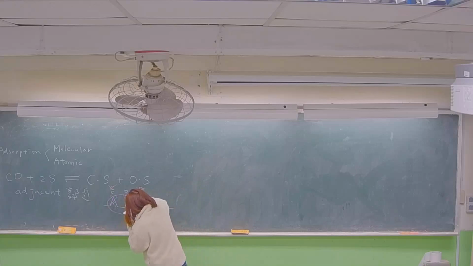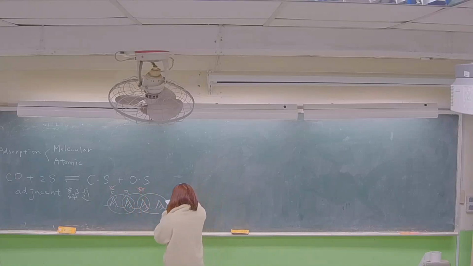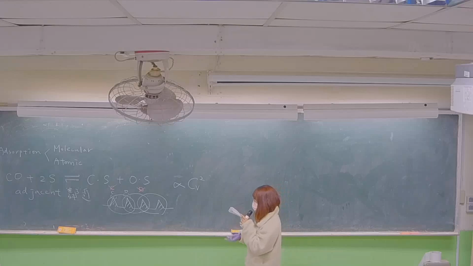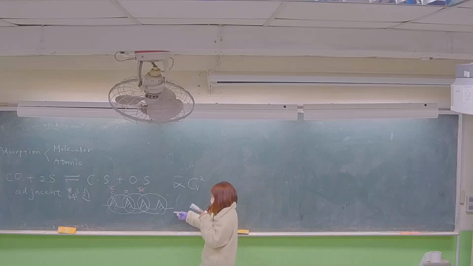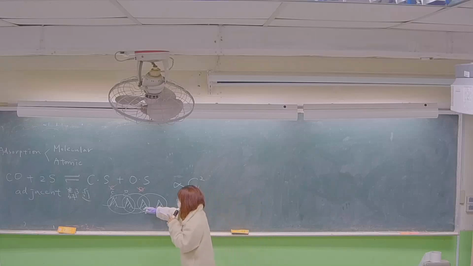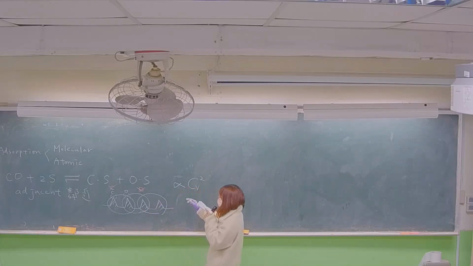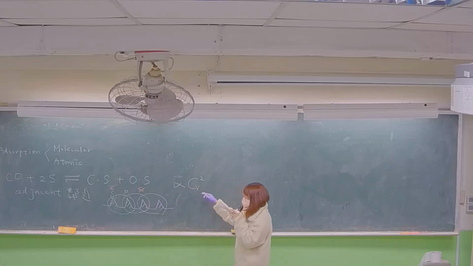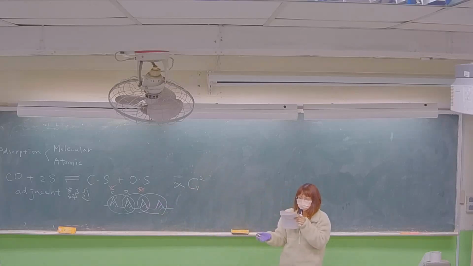If you choose this one or this one or this one, the probability is proportional to the vacant site concentration squared. It is a matter of probability, so I don't want to talk a lot about it. You randomly pick two, and the probability for the adjacent two is proportional to the vacant site concentration squared.